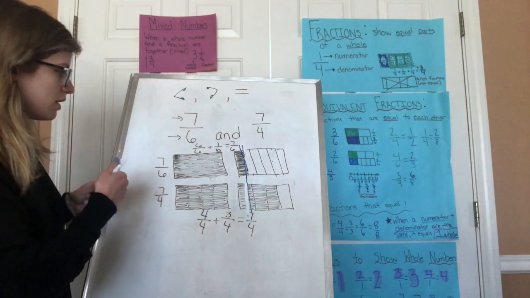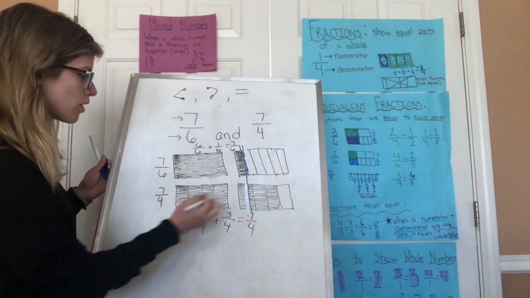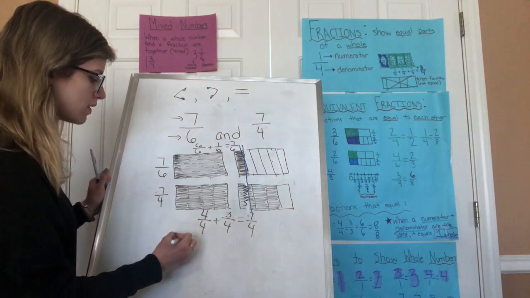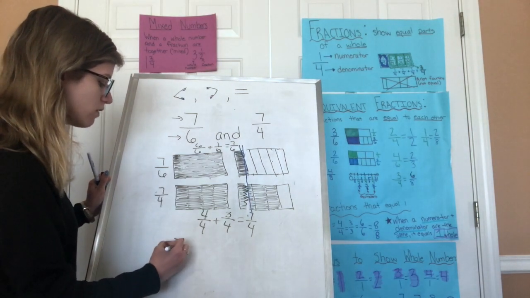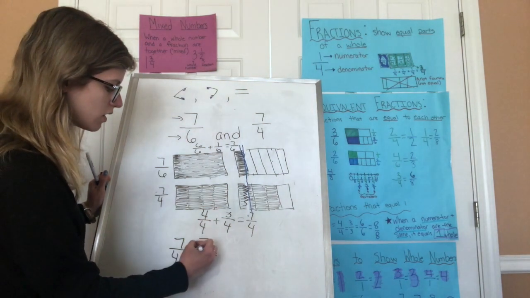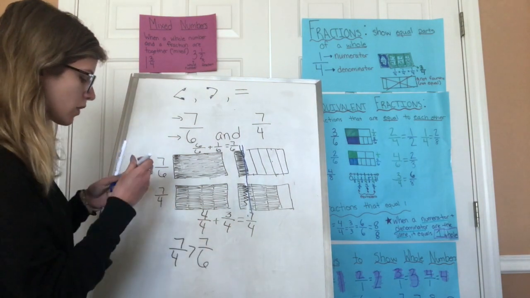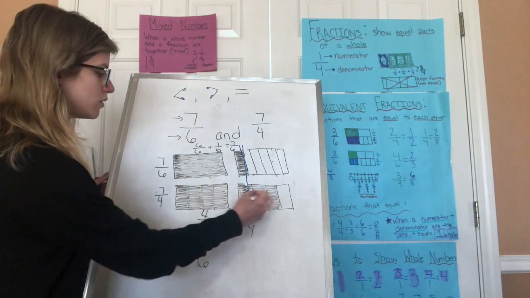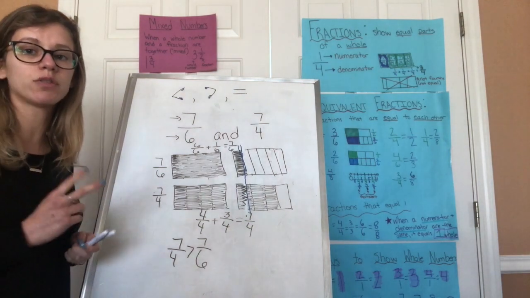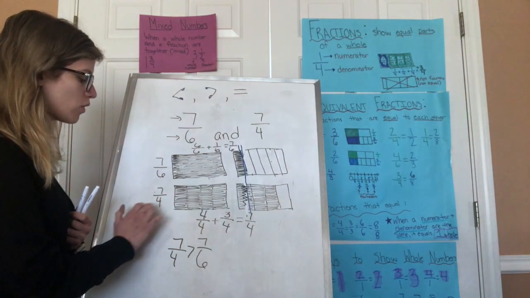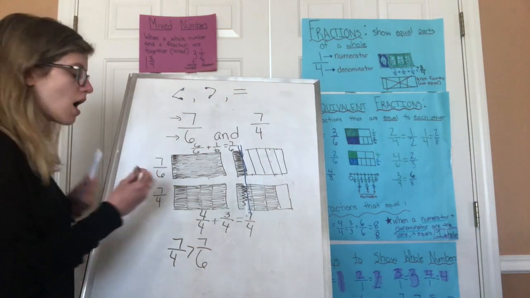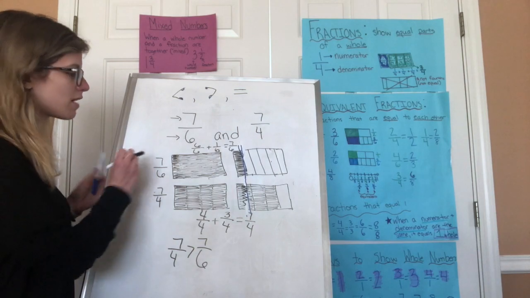And I see that 7/4 has more shaded in than 7/6. So I would write that 7/4 is greater than 7/6 because I have more filled in on all of my fraction bars. Now I had to use 2 fraction bars for 7/4 and 2 fraction bars for 7/6 because I have more than my whole.